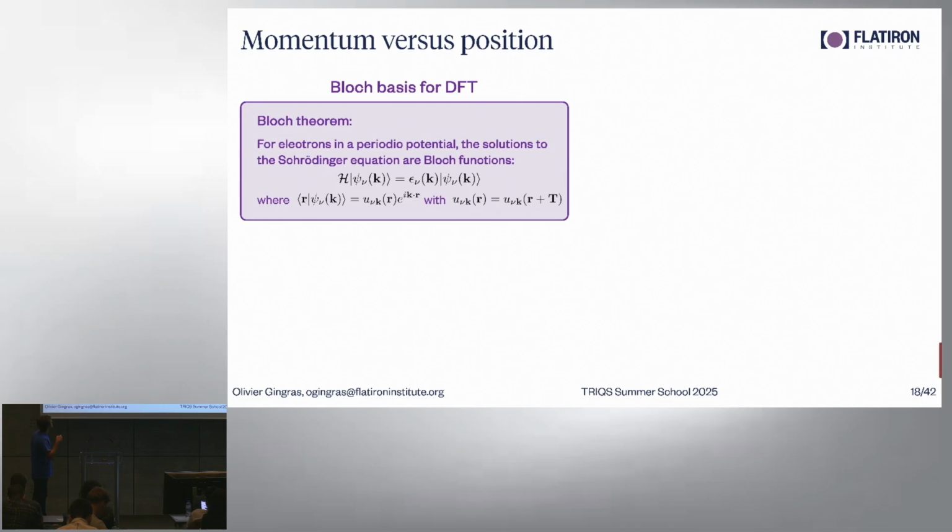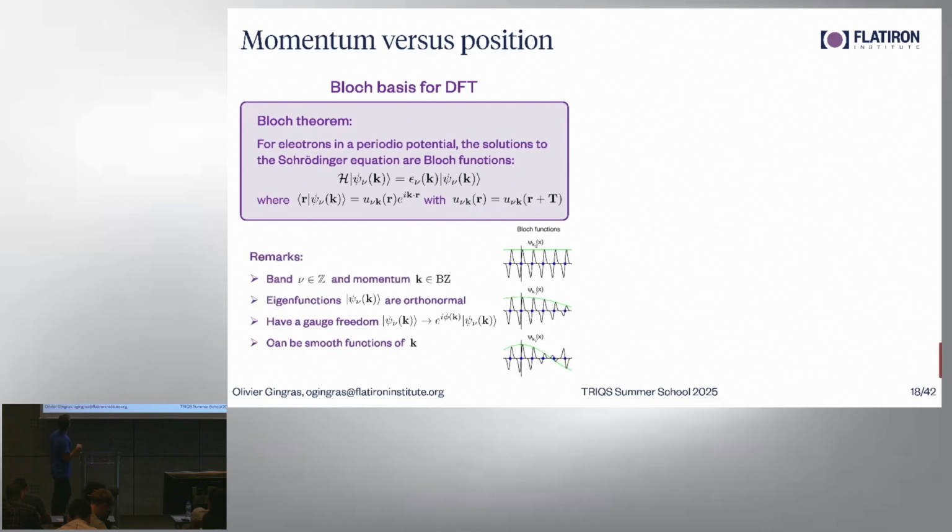The reason is that Bloch functions are a perfect basis for periodic systems because of Bloch's theorem, which says that for electrons in a periodic potential, like a crystal, the solutions to the Schrodinger equation are Bloch functions. A Bloch function is just a periodic part, translationally invariant under the lattice translations, plus a phase modulation, right?